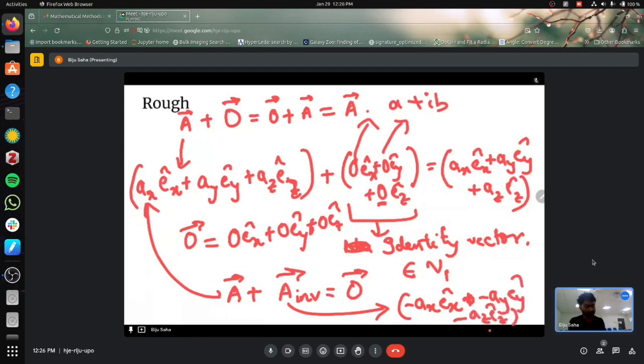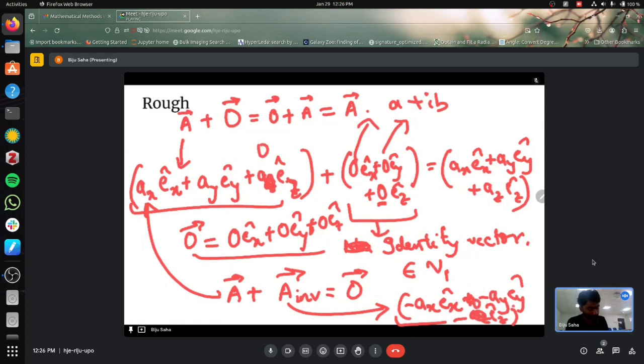So we just change the signs, and when we add this vector to this vector, what we get is the null vector. So every element has an additive inverse.